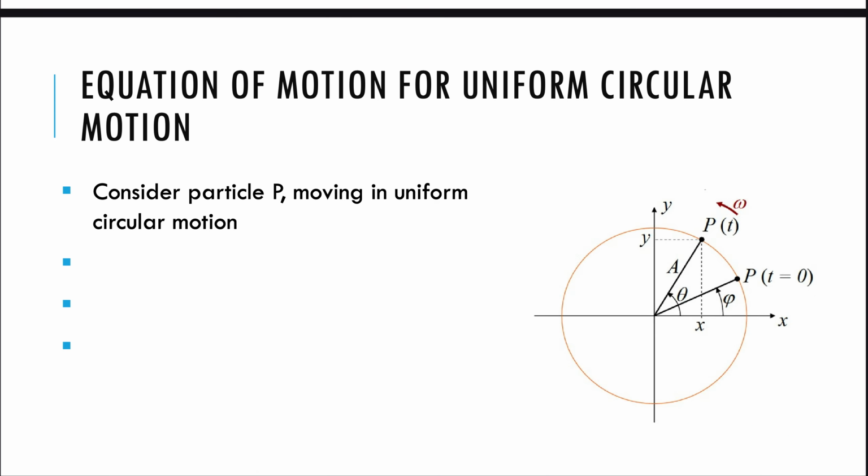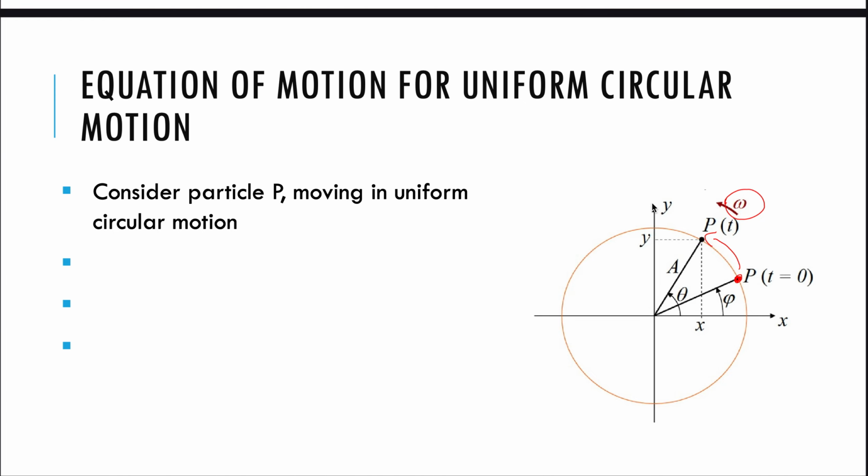And the last thing is we can prove that the motions are the same. Let's consider a particle P that is moving in uniform circular motion. So we have a particle P right here. It's at this angle phi relative to the x-axis at time t = 0. And then it moves to this angle theta at time t, and it's moving with a constant angular speed omega.